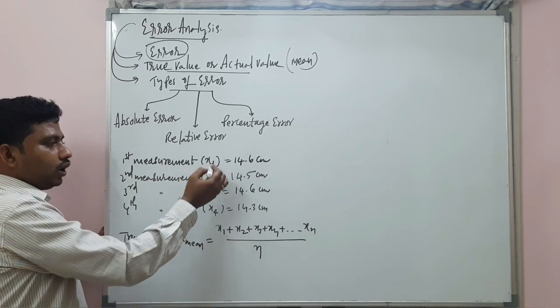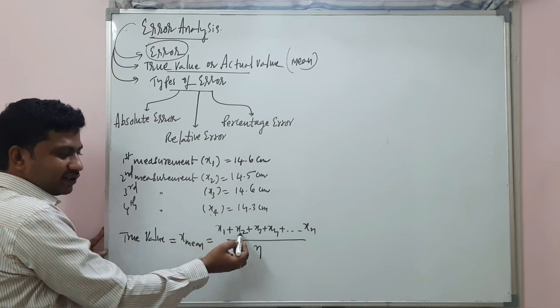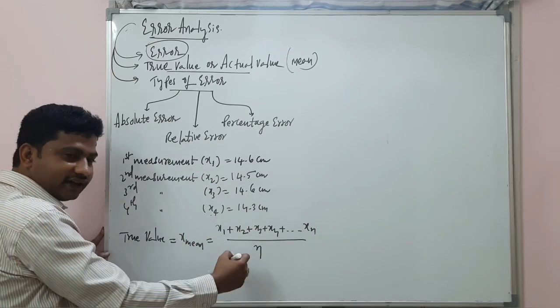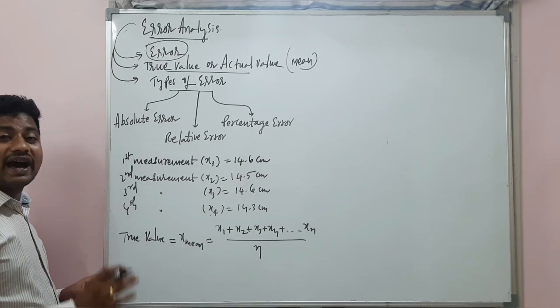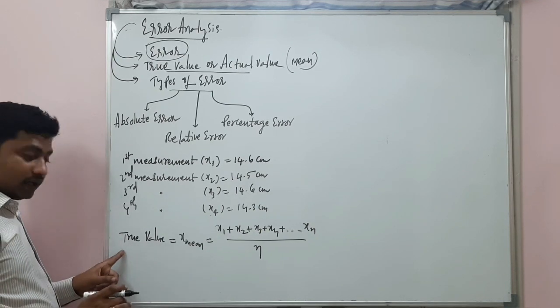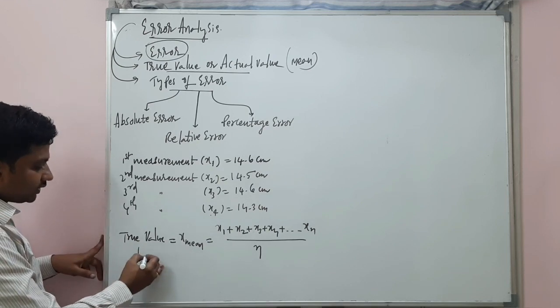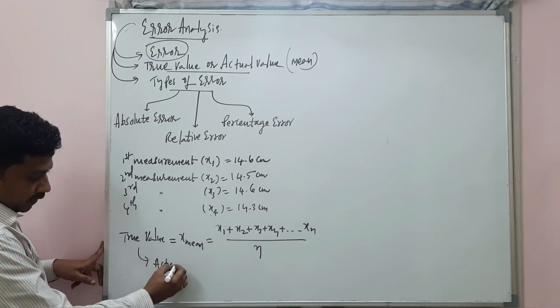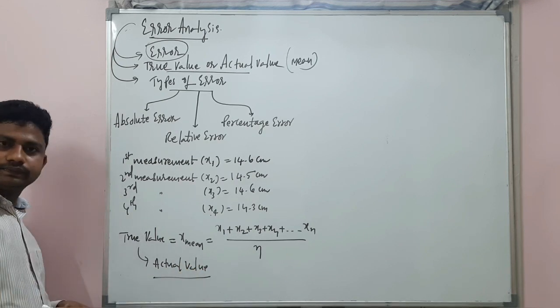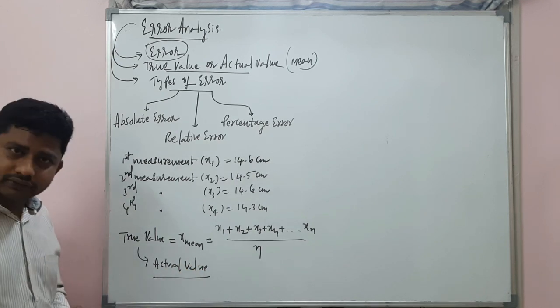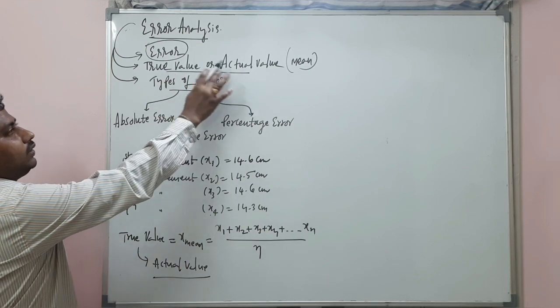For example, 1, 2, 3, 4. x1 plus x2 plus x3 plus x4 divided by 4. So this is the mean value. Mean value is arithmetic mean. That's called the true value. This is also called an actual value. Alright? No confusions at all. Okay, my dear students. Now you know the true value and actual value.